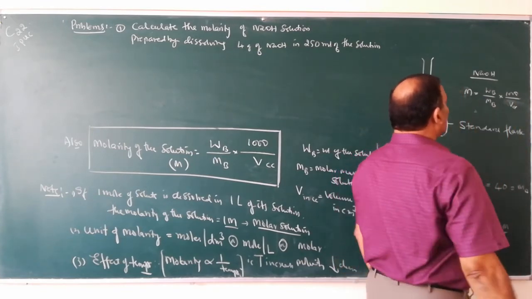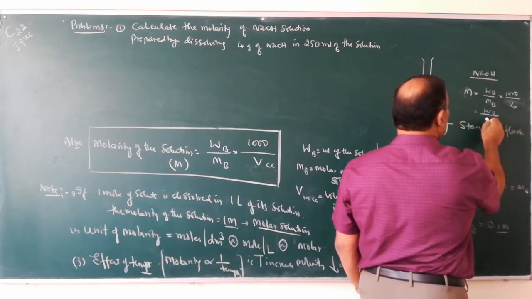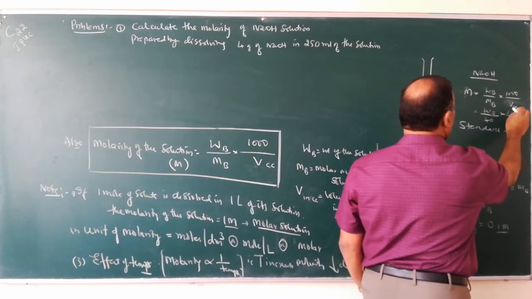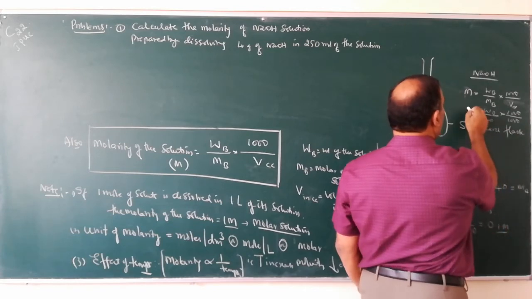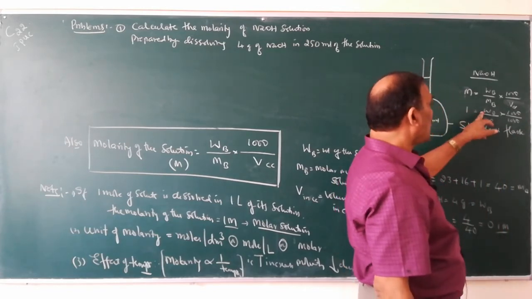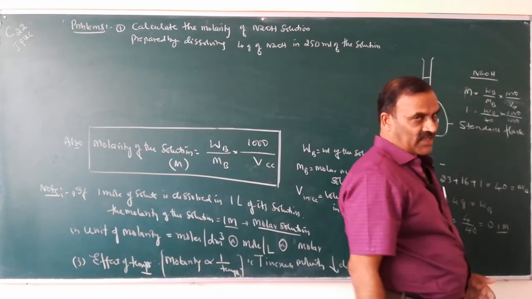So WB divided by the molar mass of sodium hydroxide, 40, into 1000 divided by the volume of solution required, 1000 cc. The molarity is 1. So you can calculate what should be the weight of sodium hydroxide you have to take.